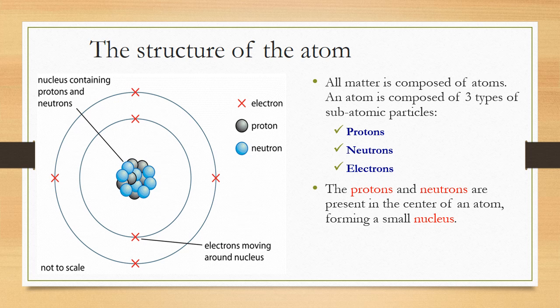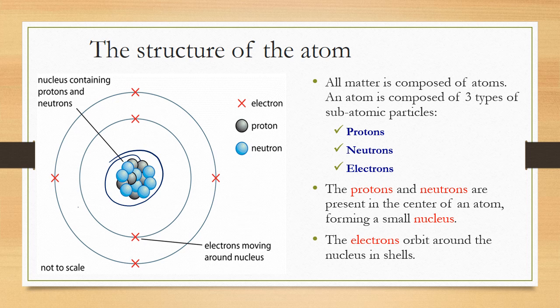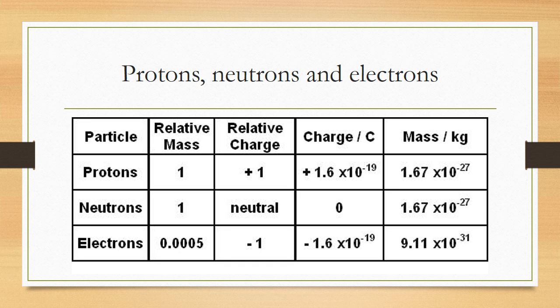The protons and neutrons are present in a place in the center of the atom called the nucleus, which I've circled there, and the electrons are going to orbit around them. So these are your electrons orbiting around the central nucleus, which contains the protons and the neutrons.